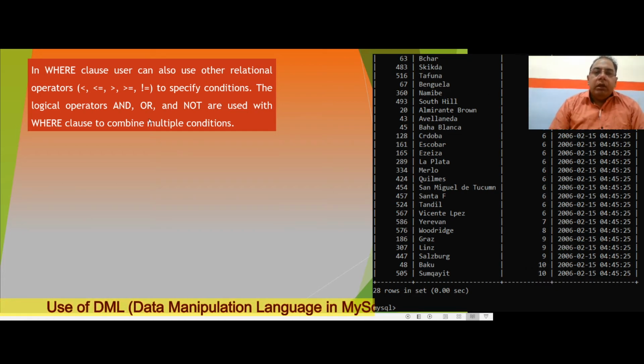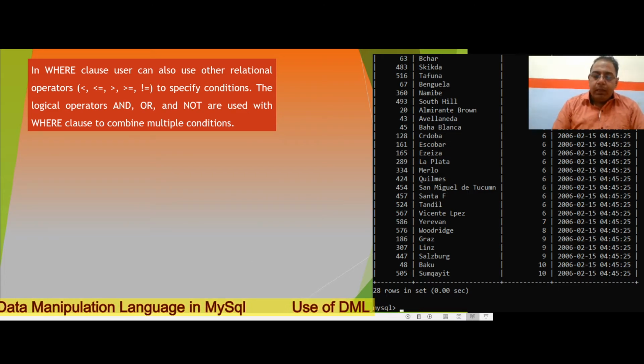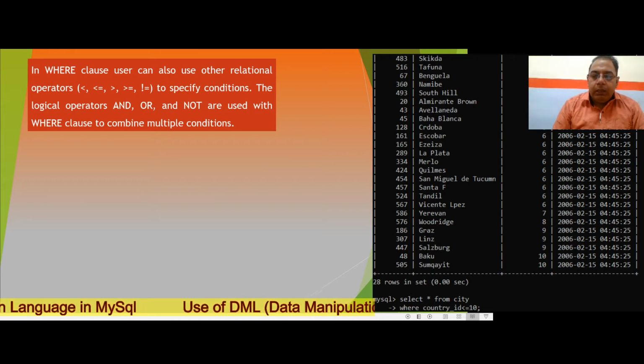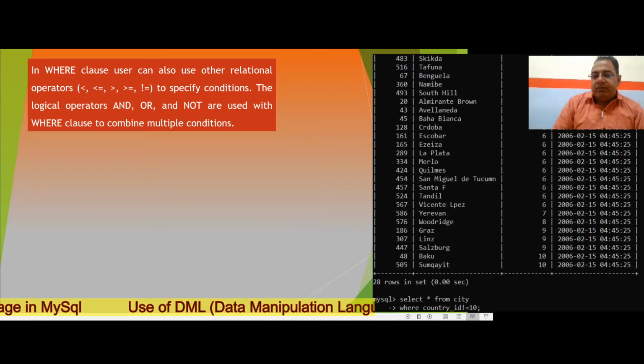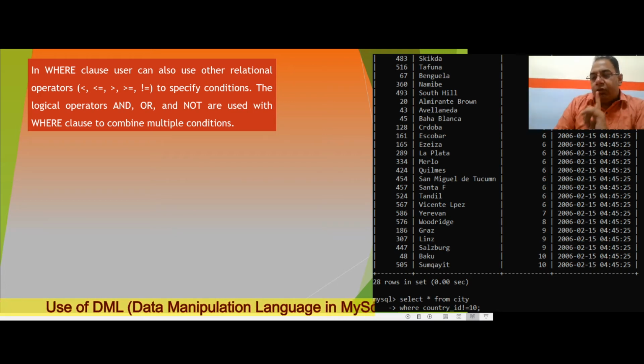Then we have not equal to. Means I want to display the records where the id is not equal to a value. I will just write select star from city where id not equal to 10, means where id is not 10.